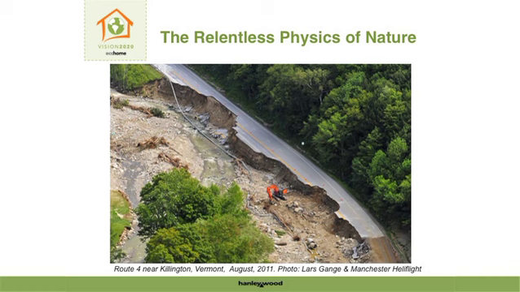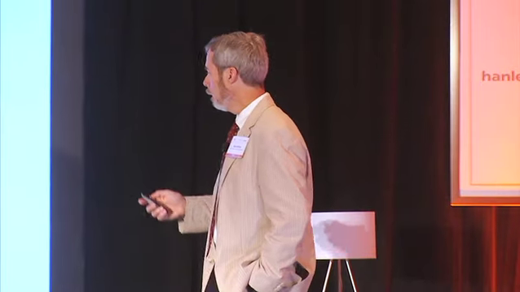Okay, so I'm going to close this afternoon in transitioning from the relentless nature of physics to the relentless physics of nature. And shown here is a photo taken just a year ago in Vermont, where we're based. This is up near Killington, where Tropical Storm Irene came along and did to Vermont what other storms have done to many other parts of the country, but it brought it closer to home for us.